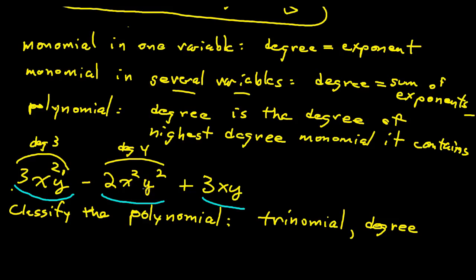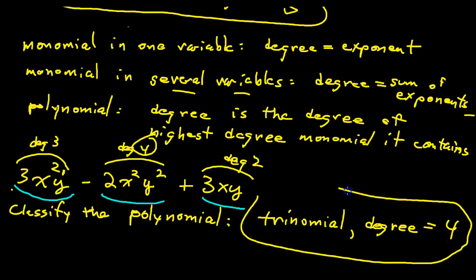This term has degree 2. So let's see, degree 3, degree 4, degree 2. Which is the highest degree? Well, it's clearly degree 4. So I say this trinomial has degree 4. And indeed, this term will end up dominating the expression for extremely large and extremely small values of x and y.